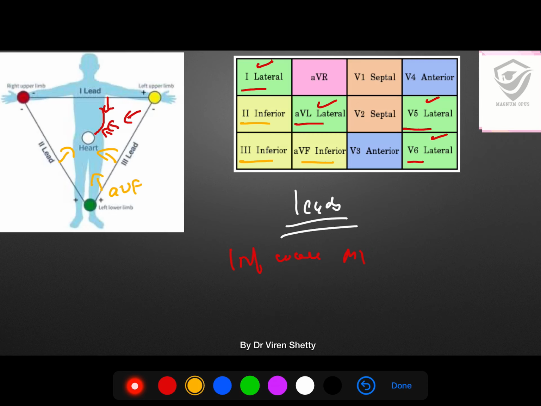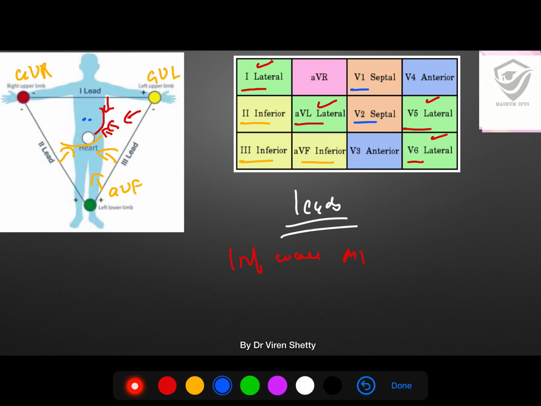So they are looking at the heart from inferior. So for inferior wall MI, you'll have changes in lead 2, 3 and AVF. Now if your consultant tells you it's a septal wall MI, then you'll have changes in V1 and V2, because V1 and V2 are covering the ventricular septum. Hence septal wall MI, V1, V2.